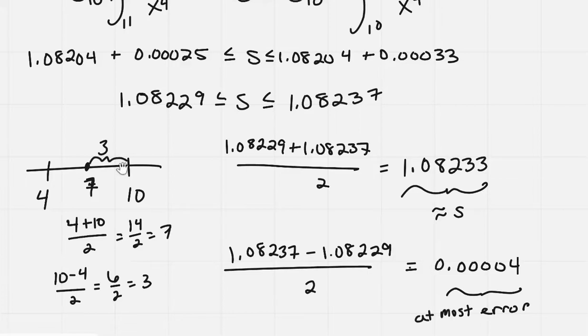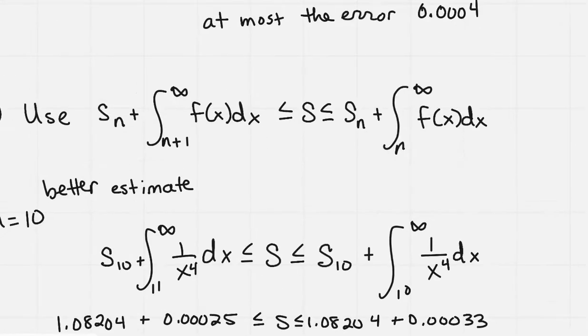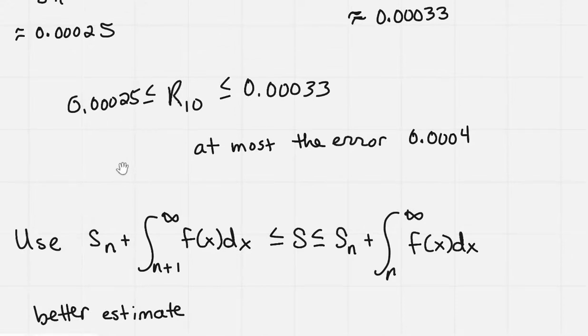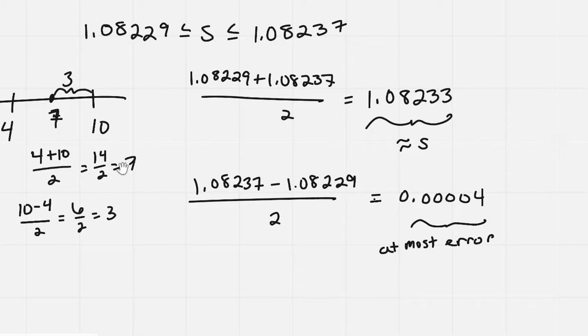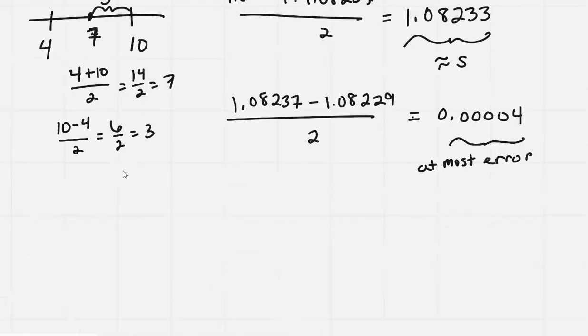If I go by using that midpoint as an estimate and go up to my previous part, at most the error estimate was 0.0004, but this one is at most 0.00004, so it's even better.